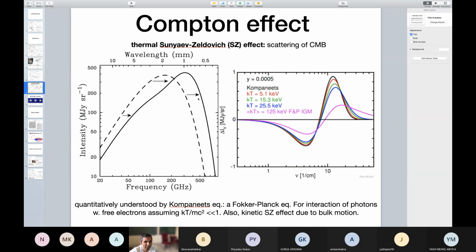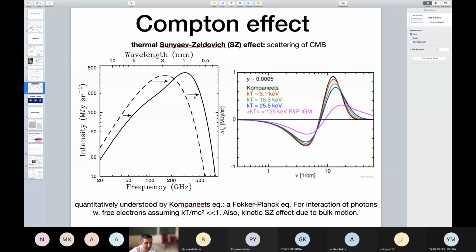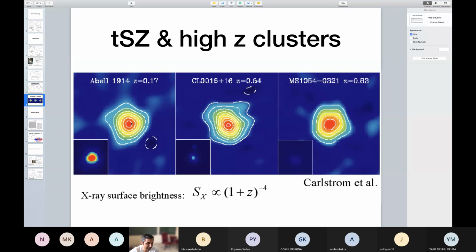You are measuring this direction of the sky at, say, 200 or 300 gigahertz, and this galaxy cluster appears brighter than the background sky because at high frequency you have higher flux. This is still a small amplitude, delta T by T is small, but still detectable. So this is a galaxy cluster, this is a galaxy cluster, this is a galaxy cluster.